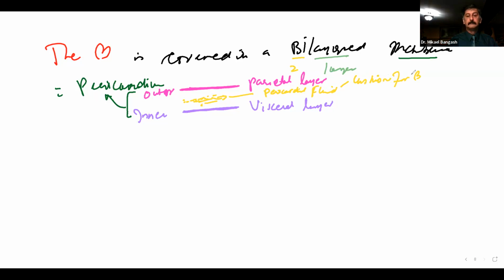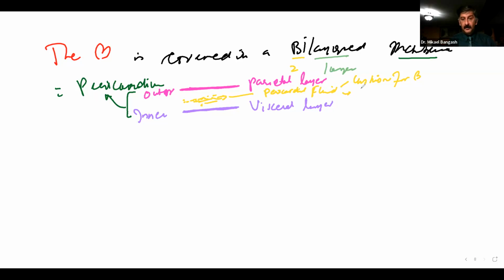Inside the sac of the pericardium. Second, had it not been for the pericardial fluid, these two layers of the pericardium would have been rubbing up against one another as the heart was beating.